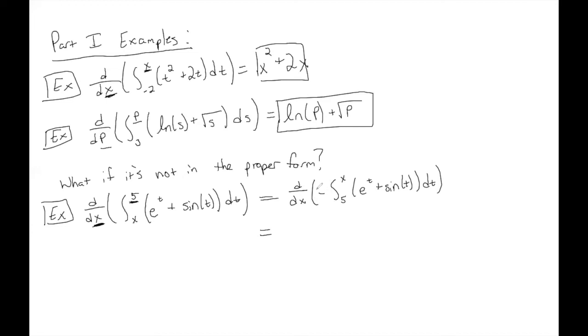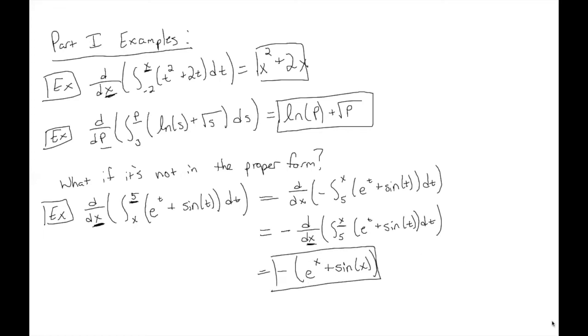And with derivatives, remember I can pull negatives out because they're linear. So I get the negative derivative of the integral from 5 to x of e to the t plus sine of t dt. And now this is in the proper form. I have an x here and an x here. Great. So I get negative e to the x plus sine of x. And that is my final answer.